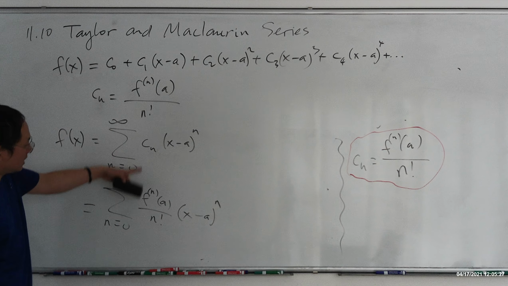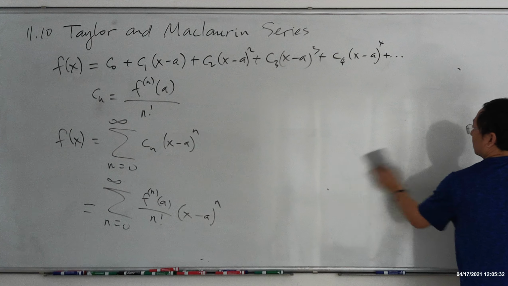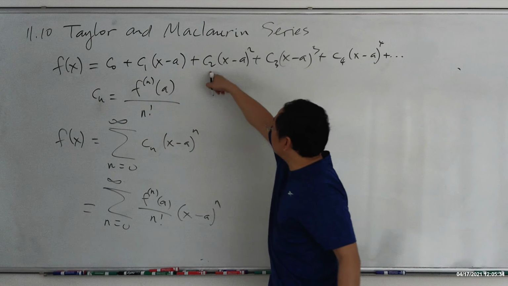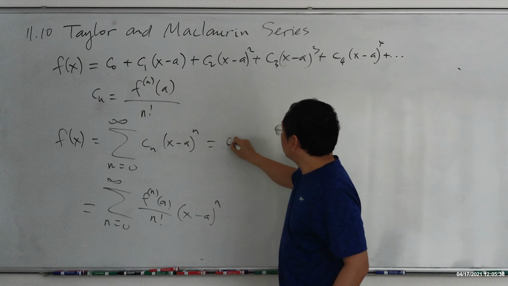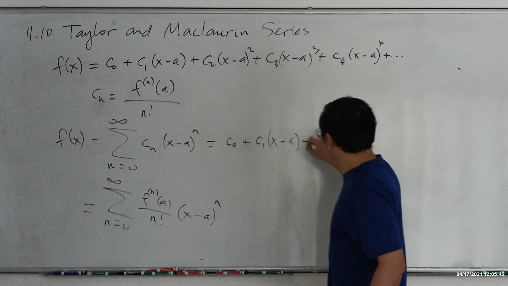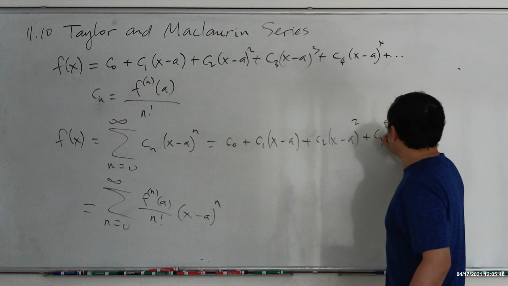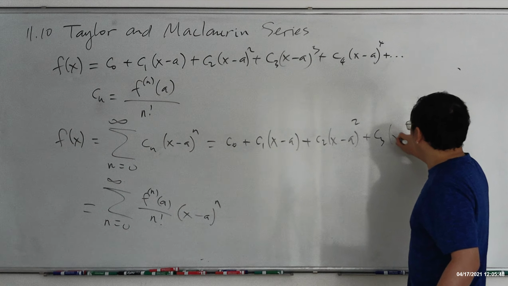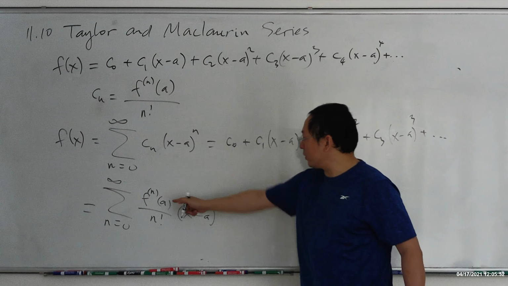Same thing, I just replace Cn by that. This is exactly what we have up here. If I unpack the package, I get this: C0, C1 (x minus a) to the first, C2 (x minus a) to the second, C3 (x minus a) to the third, plus that. And of course, Cn is replaced by that thing.